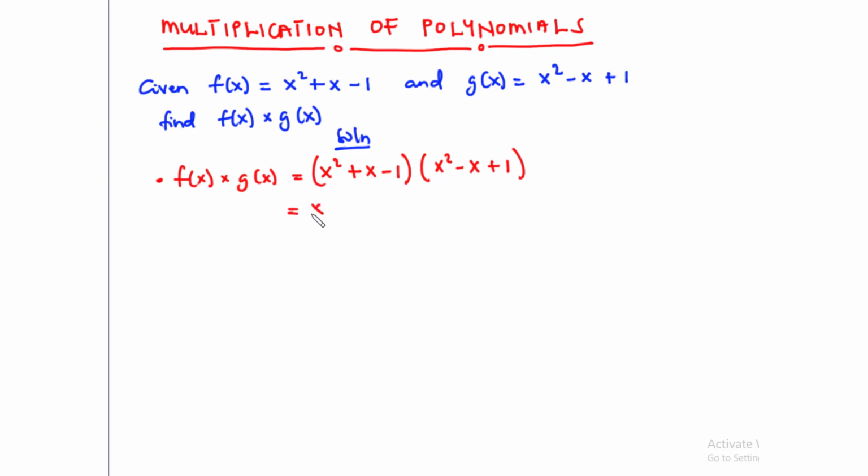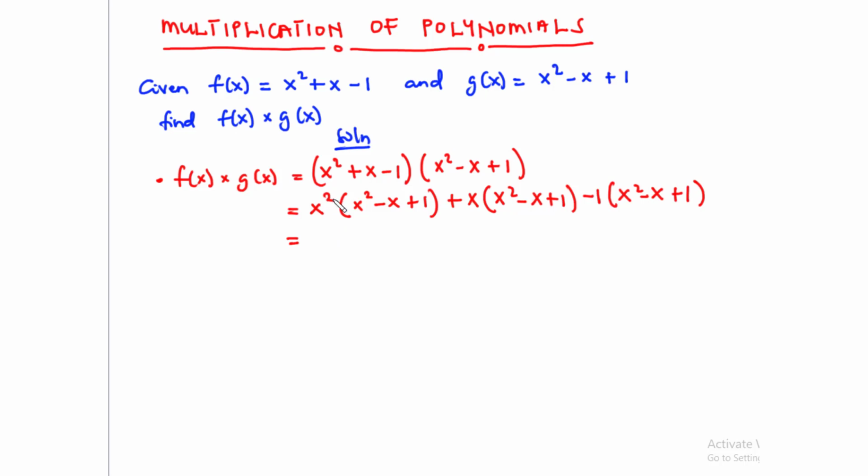So we have x squared times the whole of g of x, that is x squared minus x plus 1, plus x times x squared minus x plus 1, and then we pick -1 times x squared minus x plus 1.